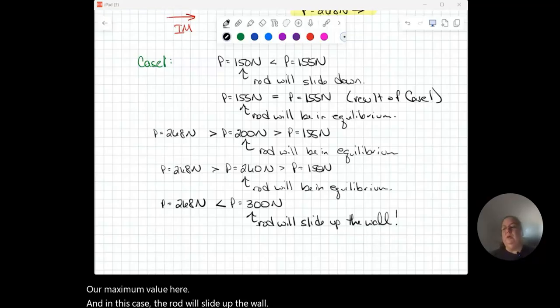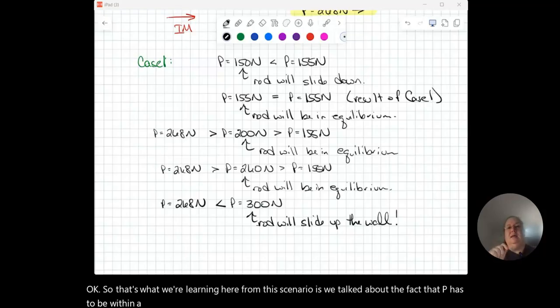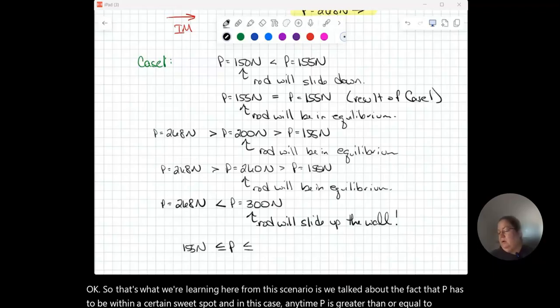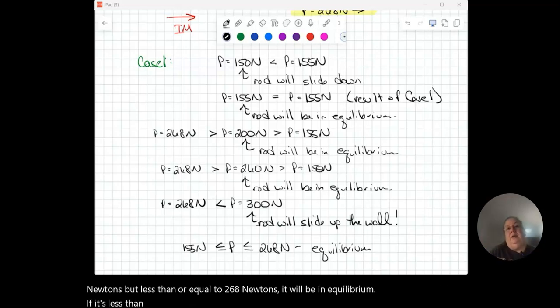So that's what we're learning from this scenario: P has to be within a certain sweet spot. In this case, anytime P is greater than or equal to 155 newtons, but less than or equal to 268 newtons, it will be in equilibrium. If it's less than 155, it's going to slide down. If it's greater than 268, it's going to slide up.